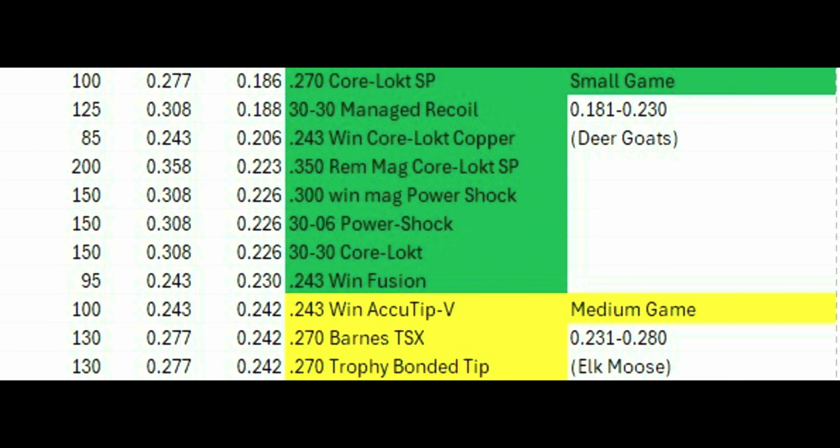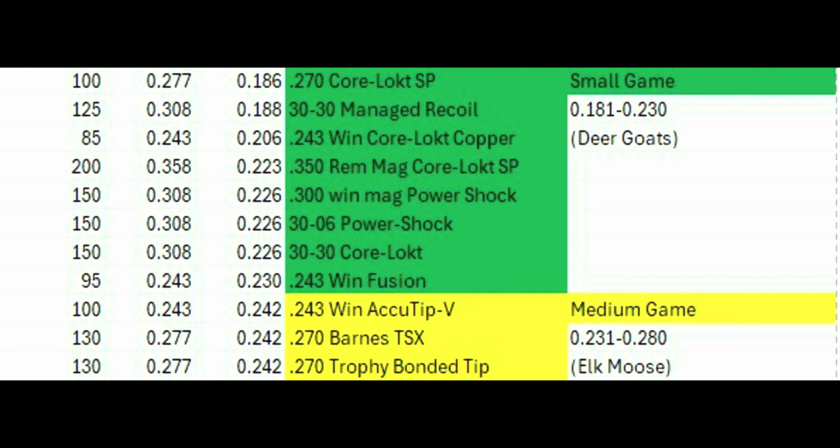You may have a 130 grain bullet, and by the time it hits and you dig it out of the animal, it may be 65 grains. Whereas that 130 grain Barnes TSX, being solid copper, is maybe going to be 128 if it lost something. Where the Trophy Bonded Tip is still going to be maybe 110, 120. So it's not penetrating as far.